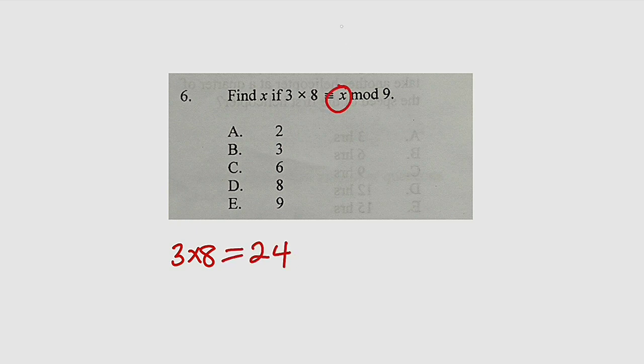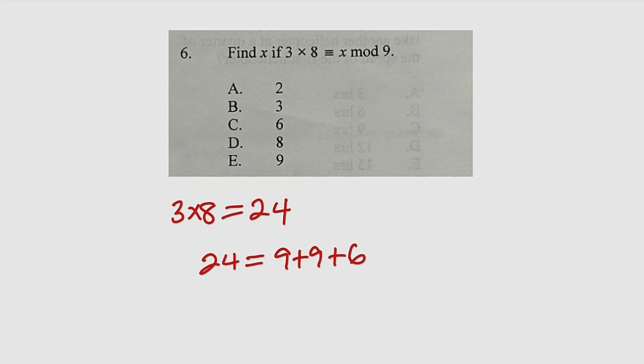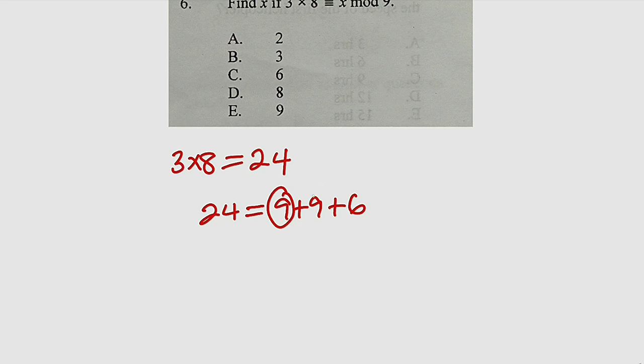But 24 is not the value of x because we are concerned with the remainder. It is a bundle of 9. So how many bundles of 9 are in 24? 24 is equal to 9 plus 9 plus 6. So you can see that this is a complete bundle, this is another complete bundle, but we have a remainder of 6, and hence x equals 6.